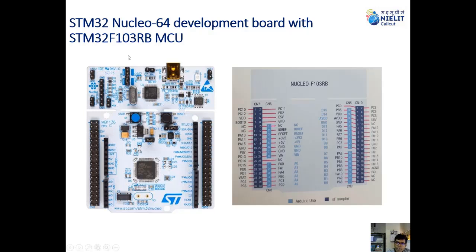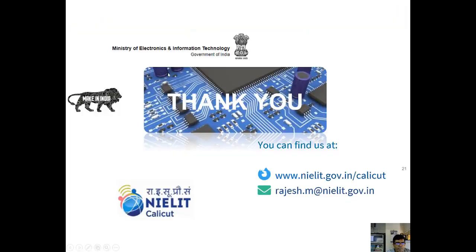The debuggers are already enabled. There is an onboard debugger available, so we'll be using this debugger next time, downloading our application and debugging. A few onboard LEDs etc. are available. A detailed view of the board will be given in the upcoming session.